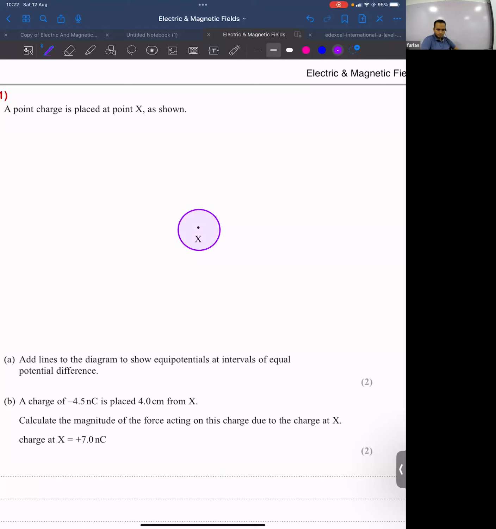And let's say this is my second equipotential line. Now tell me about the third one. What should I do?